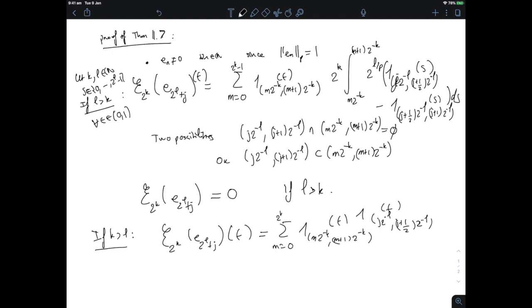For some values of m, if this is non-zero, then the small interval has to be included inside this interval.